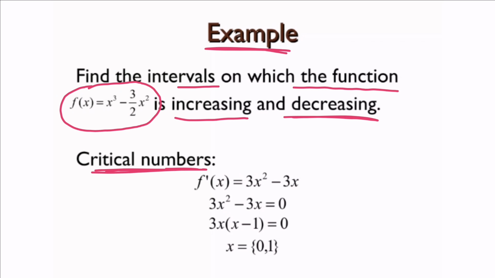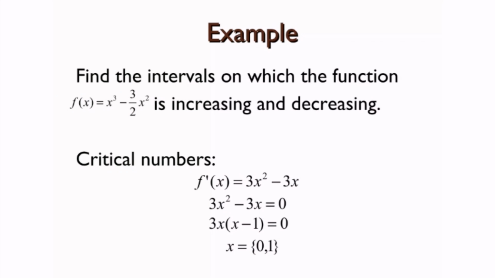Derivative of the given function f dash of x is equal to 3x square minus 3x because derivative of the first term x cube is equal to 3x square and derivative of minus 3 by 2 x square is equal to minus 3x by using power rule.